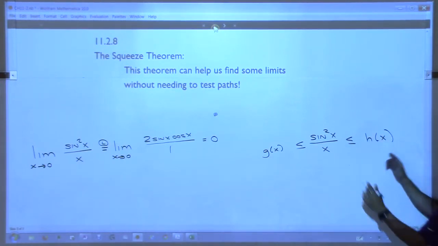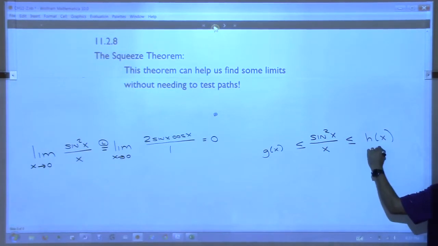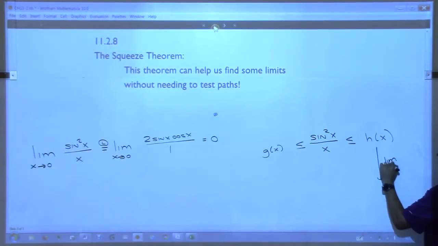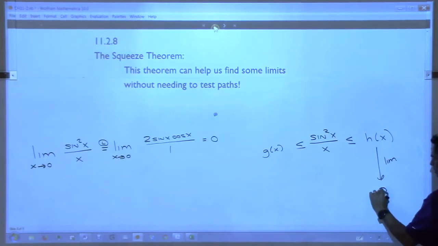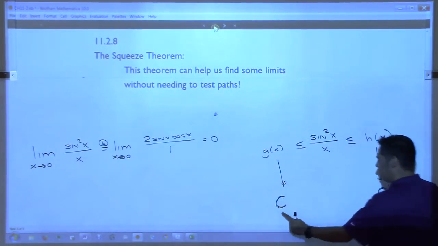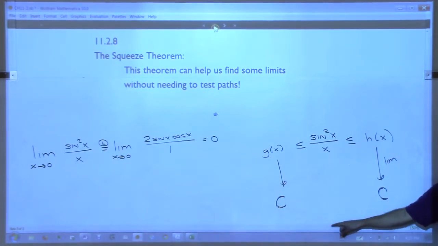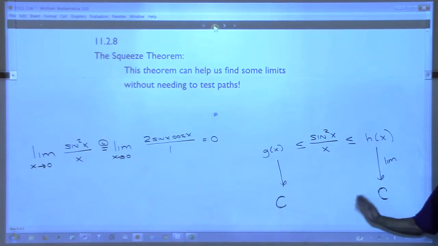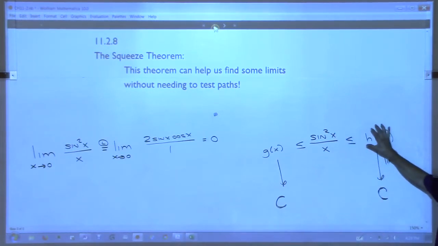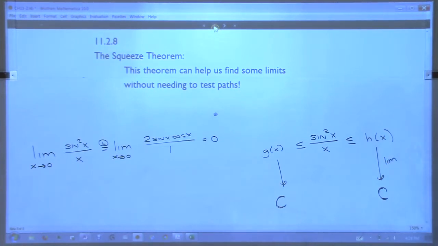If you can somehow tell me that this is always between these two, and then show me that when you take the limit of this one, it goes to a constant, and this one, as you take the limit, goes to the same constant, that forces this one to also go to that constant. So that was the squeeze theorem. You have to come up with two bounding functions for the function you're looking at.